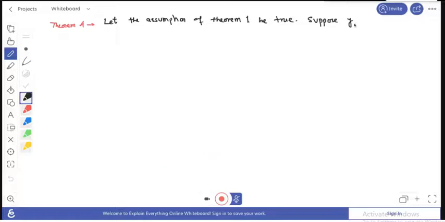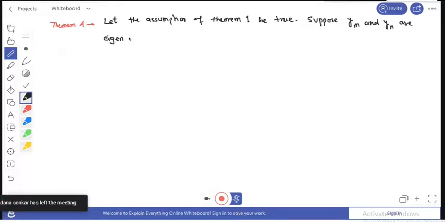Suppose ym and yn are the solutions of your Sturm-Liouville problem, and you know that these are the eigenfunctions of the boundary value problem.